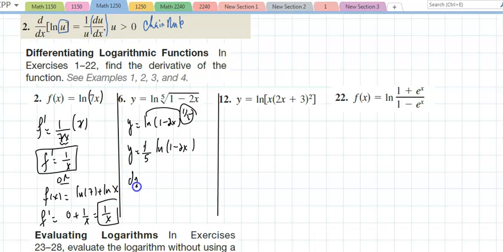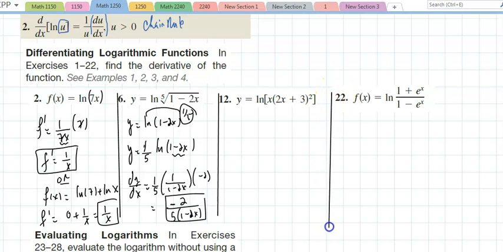And now when I take a derivative with respect to x, 1/5 I ignore. The derivative of a log is 1 over the argument times the derivative of the argument, which is negative 2. So this turns out to be negative 2 divided by 5 times (1 minus 2x). Again, that saves you a lot of work if you could use those properties.